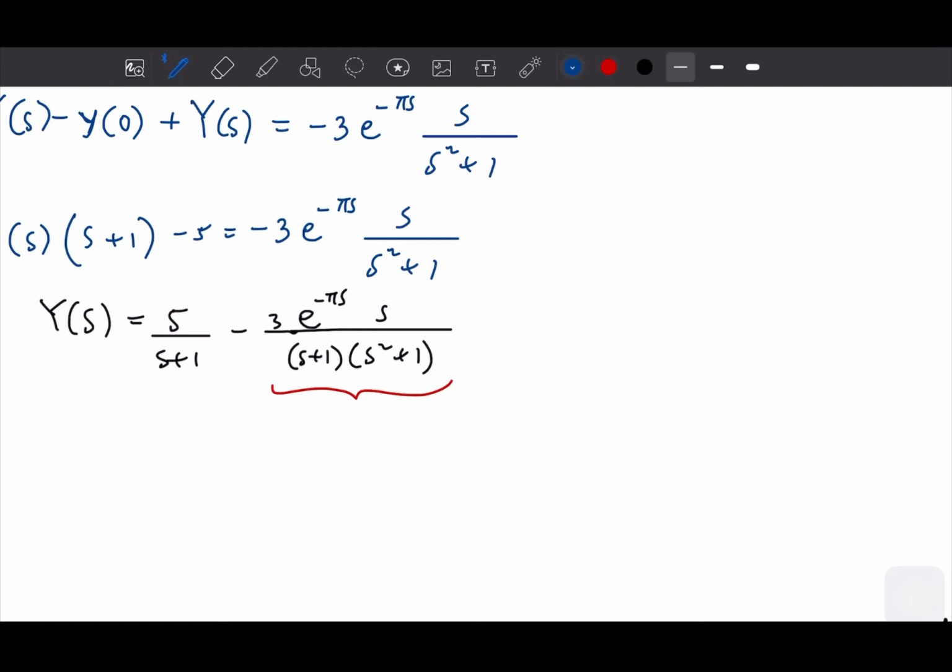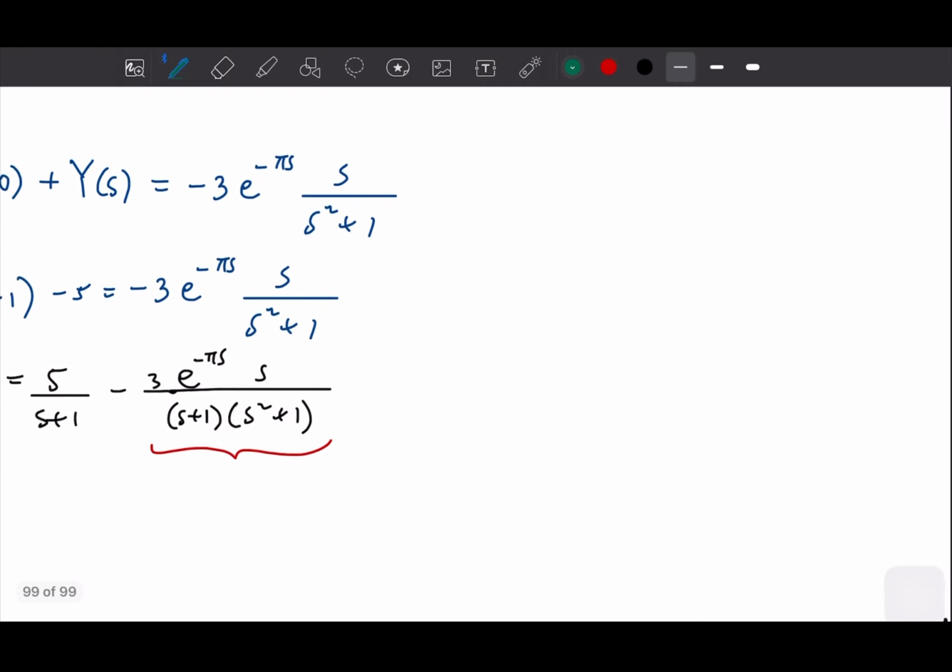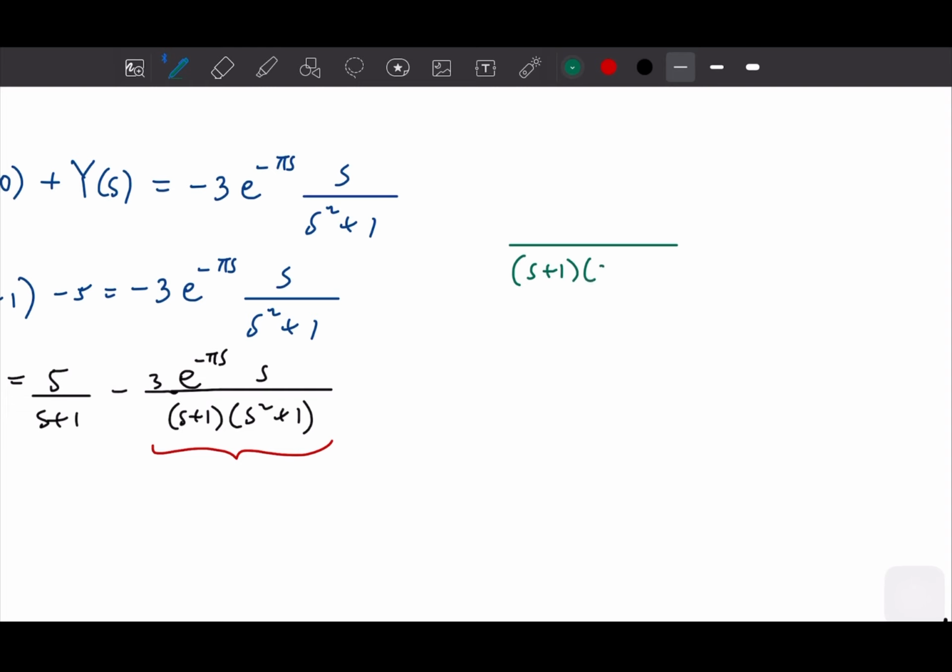Let me write minus 3 here, and we can just concentrate on the inside, which is e to the negative pi s and s.